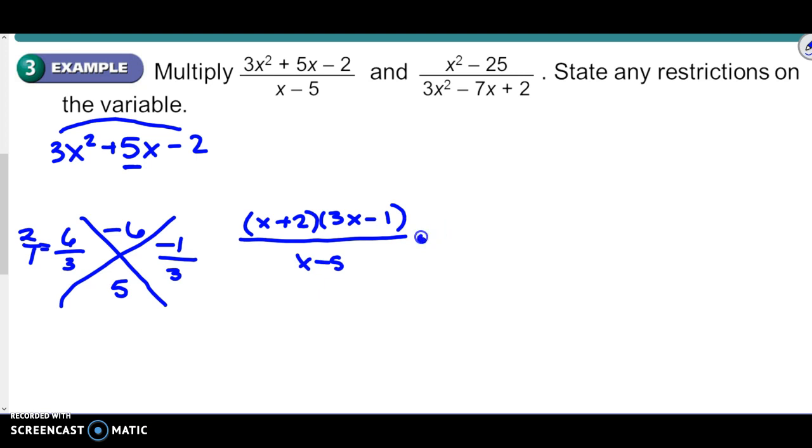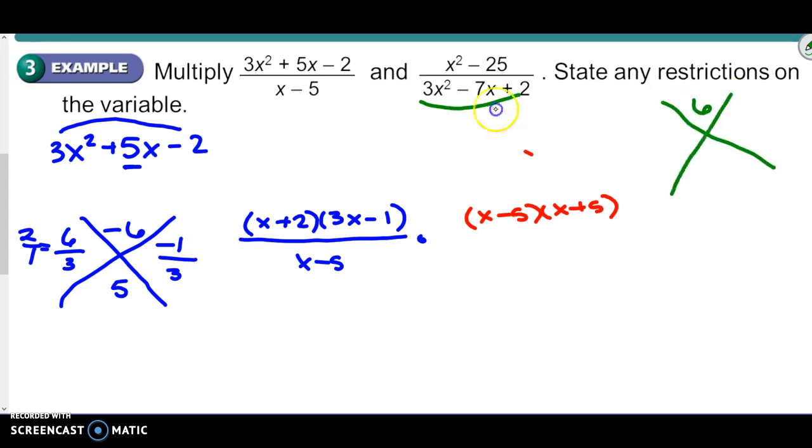Alright, so now we need to find out what the numerator here would be. That's a difference of squares. So that would be x minus 5 and then x plus 5. The denominator is going to be very similar to this one over here. So we would have 3x squared times 2 is going to give you 6 up top, and then down below is going to give you negative 7.